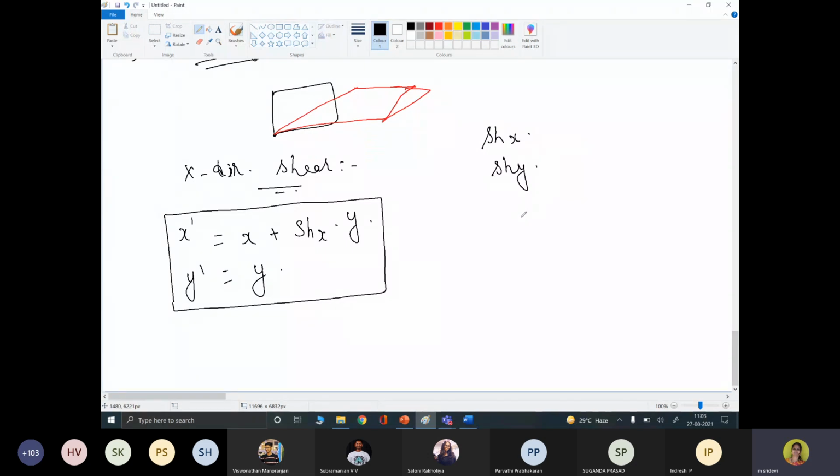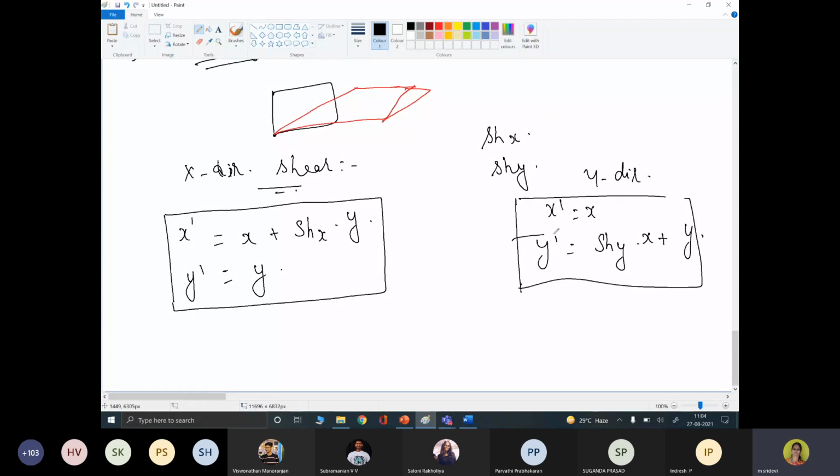Similarly, when you perform y direction shearing, the x value remains the same, but your y dash value is changed to shearing factor of y multiplied with x and added with y. This is the value you have obtained.